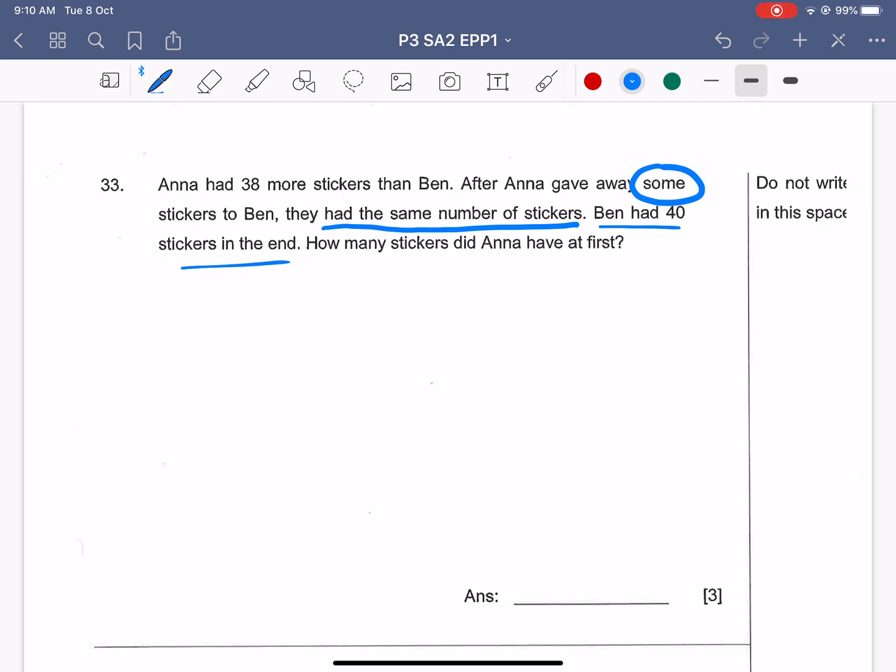Wow. So what has happened? It seems that you have got two persons. One person is called Anna, and the other person is called Ben. Okay, now they said that Ben has 40 stickers in the end. Okay, now do you know how much stickers does Anna have in the end?